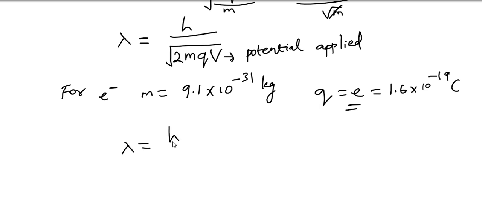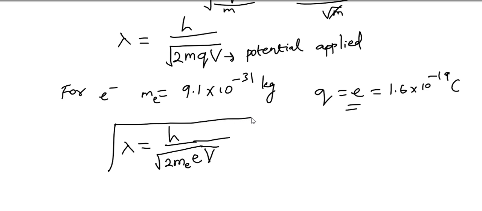So by applying this in the equation, which can be remodified into lambda is equal to h by square root of 2 into mass of electron into charge of electron into applied potential difference. So this is the de Broglie wavelength of an electron accelerated with the potential difference of V.